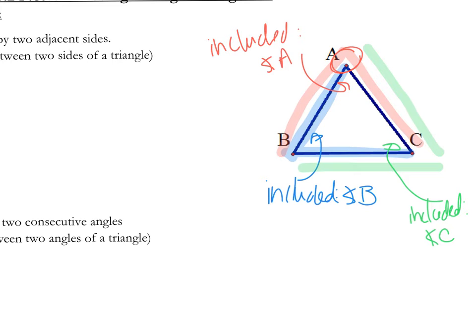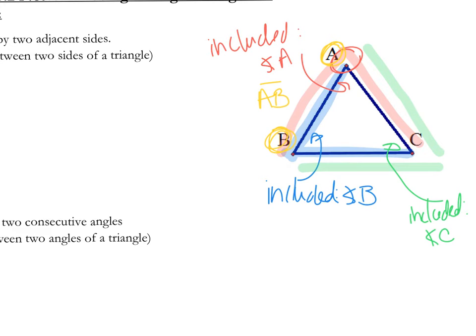Now, the included side is the side in between two angles. So if I was working with angle A and angle B, then the side between them would be AB. Okay. Notice basically it just is the side made up with the two angles that you're working with.